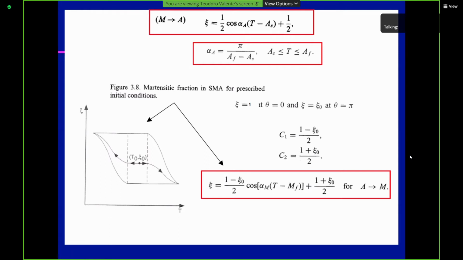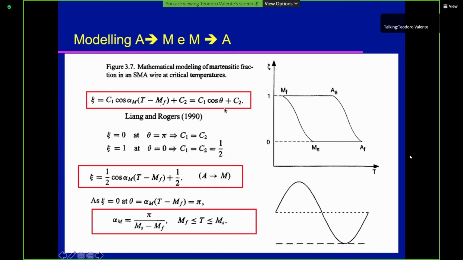This model works, but it has a sort of hypothesis at the basis, because we said that we are going to start, for example, on cooling with something which is 100% austenite, or on heating, we are going to start with a material which is 100% martensite.